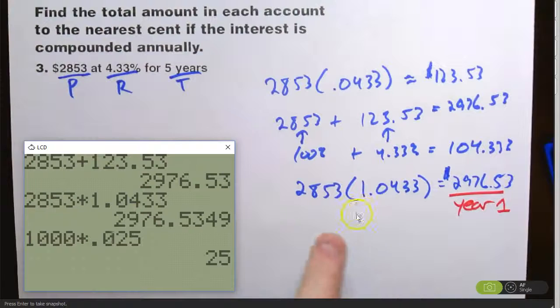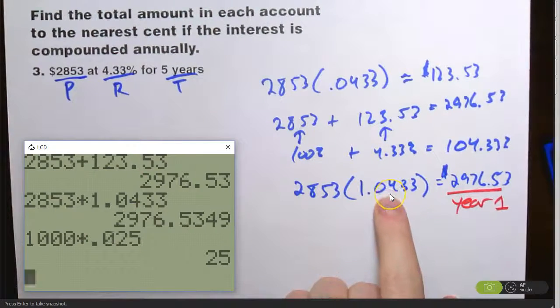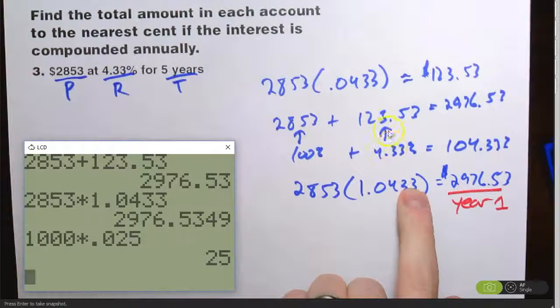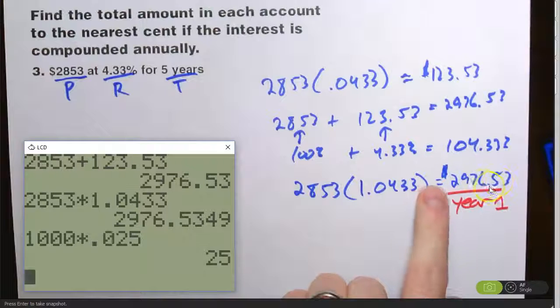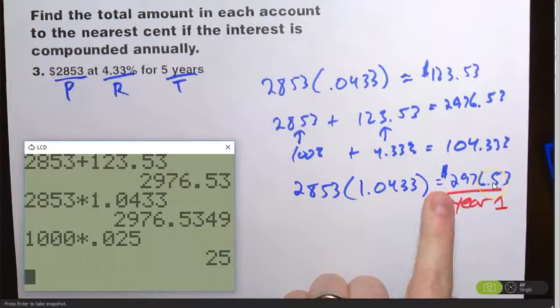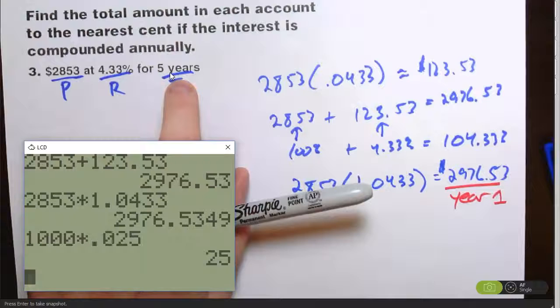To make that easy, we just take this amount and multiply it by this, and that gives you year 2. Then you get a whole new amount, find 4.33% of it, and add it back on. You keep doing it over and over again, 5 times because there are 5 years.